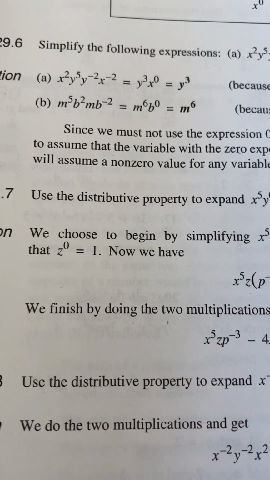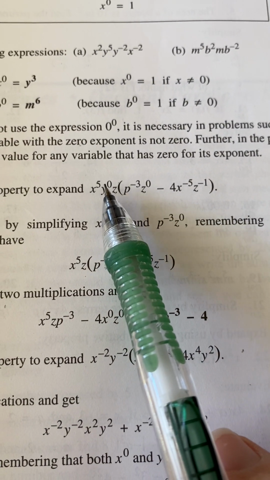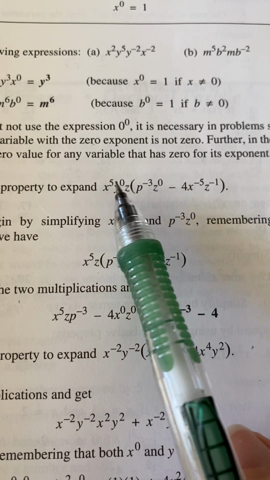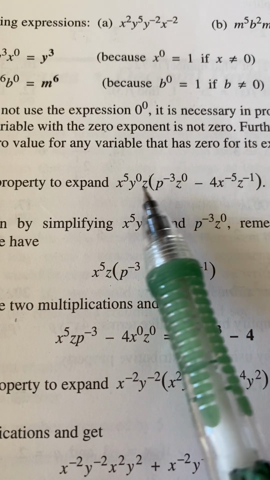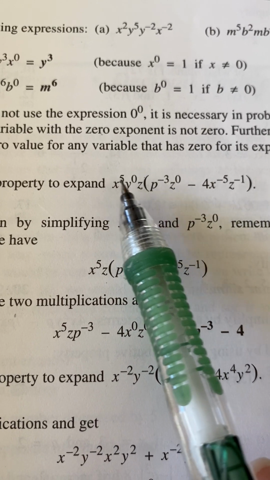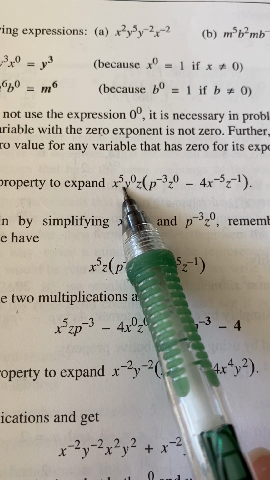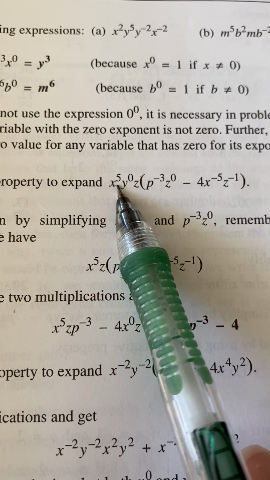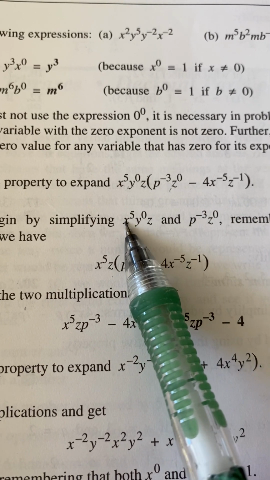In example 29.7, we use the distributive property, and we learned this just today, the distributive property. This has to be multiplied by that. Anything to the 0, we're just going to ignore because that's a 1. And when you multiply by 1, the number is just the same, right? So we have x to the 5th, no more x's here, so we would have x to the 5th.